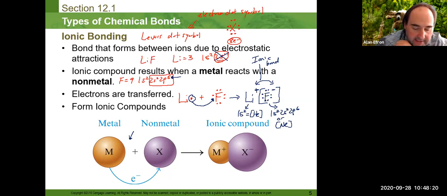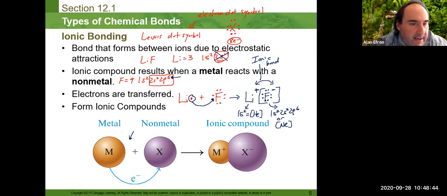In ionic bonding, the way everybody's able to achieve noble gas configuration is the metals will lose electrons, the nonmetals will pick up electrons, and at that point we have this ionic compound between 2 ions that both have achieved that noble gas configuration, which is a really stable configuration.